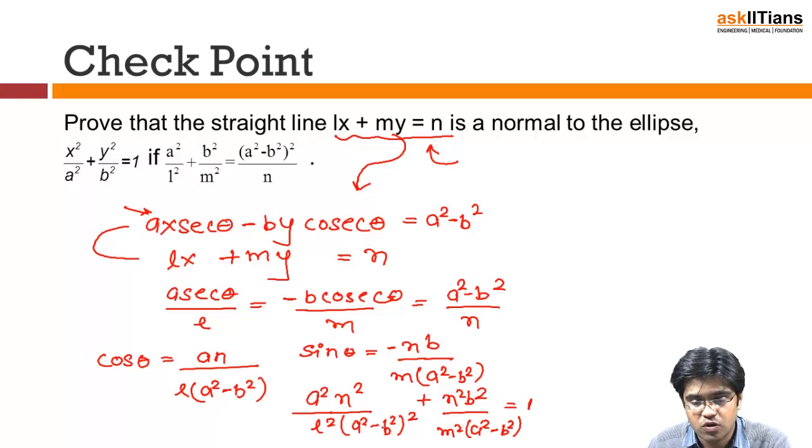Now take this a square minus b square whole square and n square, which is common, to the other side, and hence proved. So we have proved that if this equation is a normal, then this condition is true.